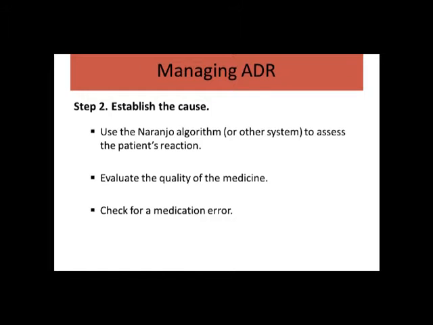Check for medication error, that's also important. You need to know the dose and the frequency of administration of a drug. At the same time, you need to know what kind of drug was given.